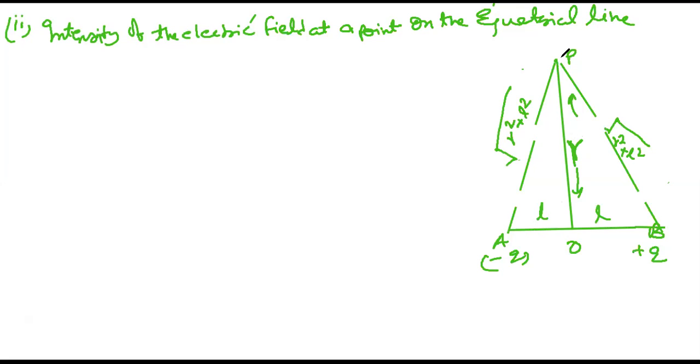Okay. Now come to this one. The direction of E1 will be this way. This is E1, and E2 will be this way. The resultant will be E. This angle is theta.